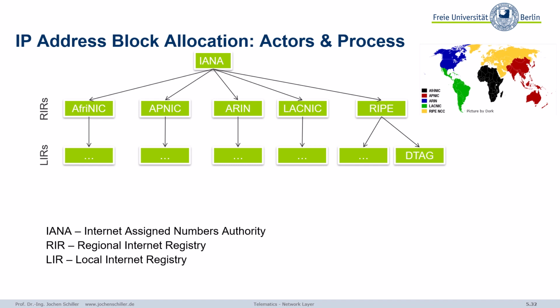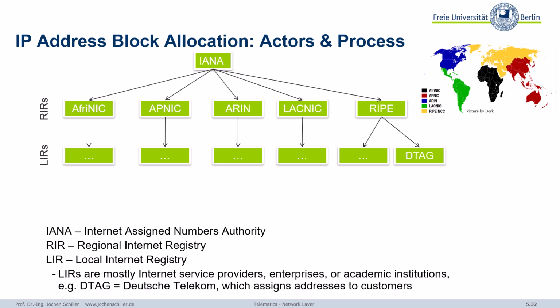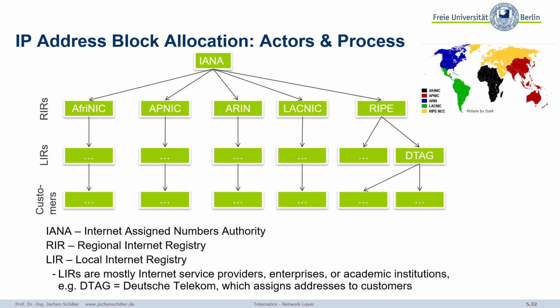Those are the typical internet service providers, larger enterprises, academic institutions, etc. And they then give away parts of the addresses to their customers. That's the way you distribute all these addresses.